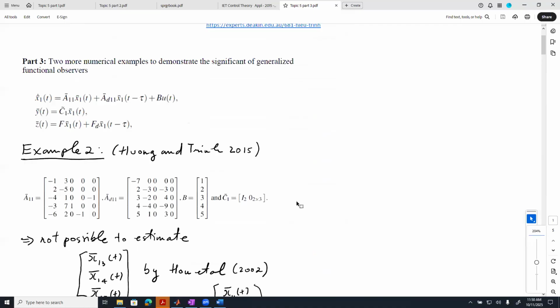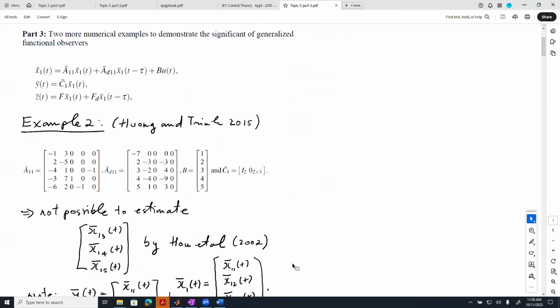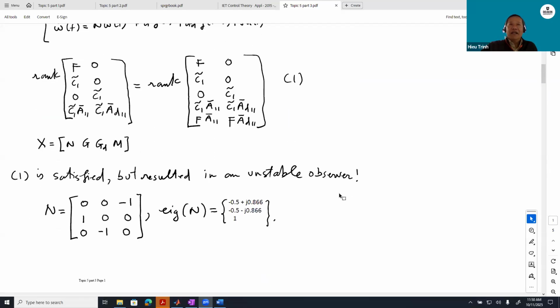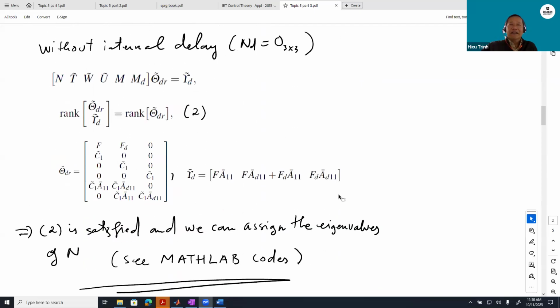And now we demonstrated that the design of generalized functional is much more general, and it can also relax existing observer conditions. Okay, so that basically wraps up this presentation part 3, topic 5.